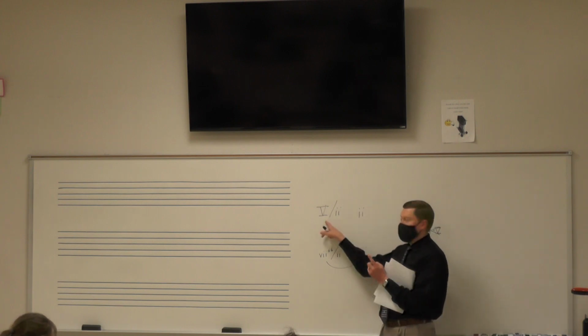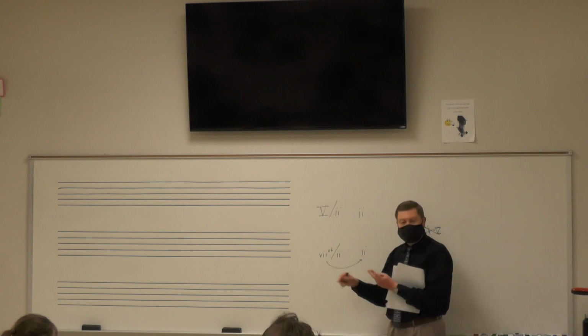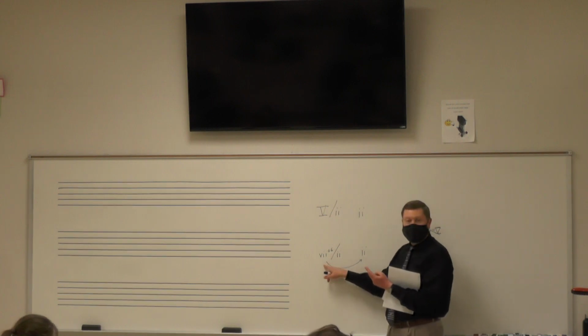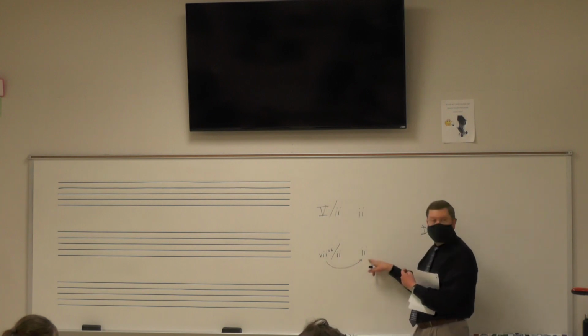We have secondary dominants, which we spent several classes on, and now we're going to learn what are called secondary leading tone chords. I call them that because the root of these chords is always the leading tone to the root of the next chord.